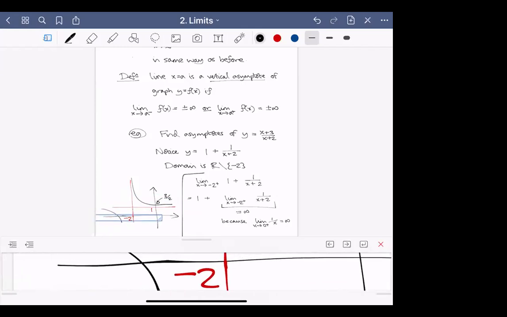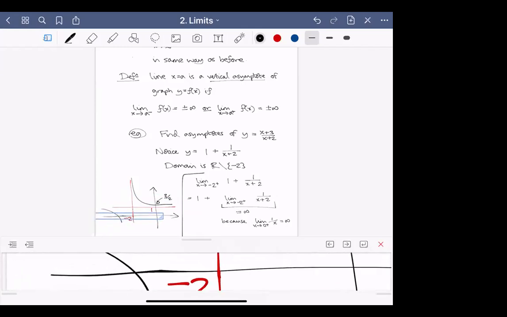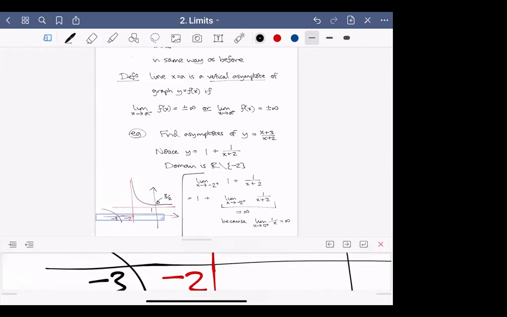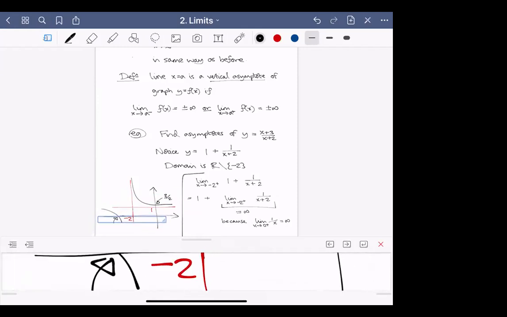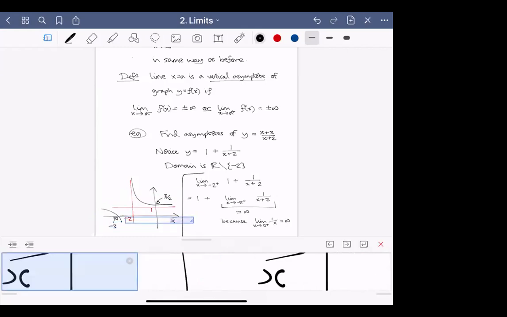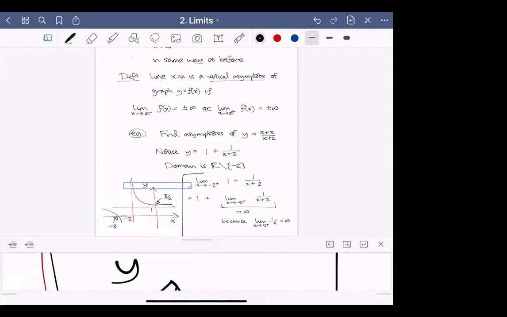And the x-intercept is minus 3. Okay, just come back to the check.